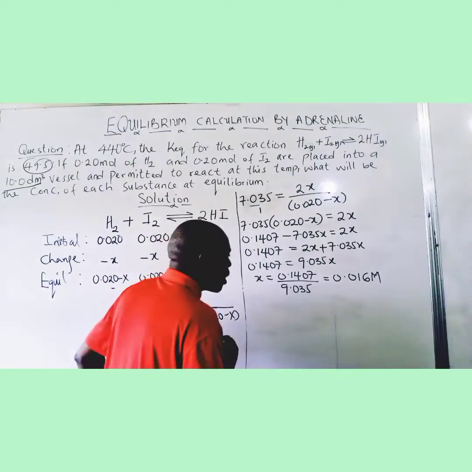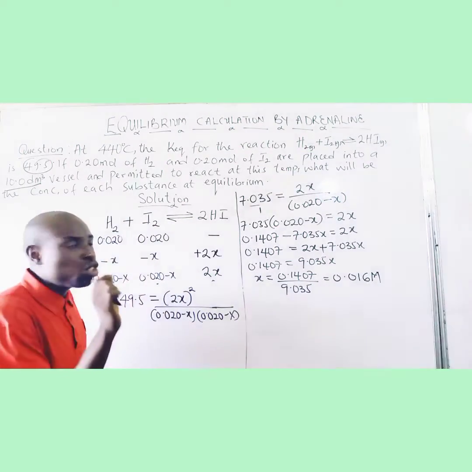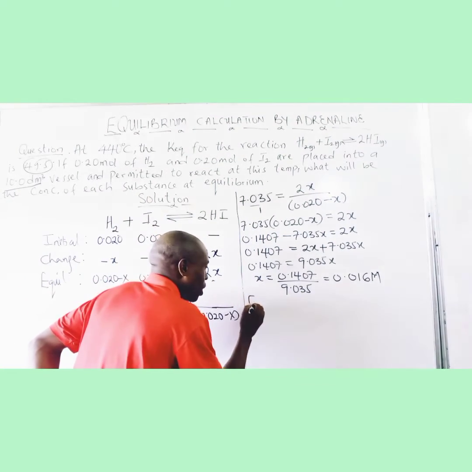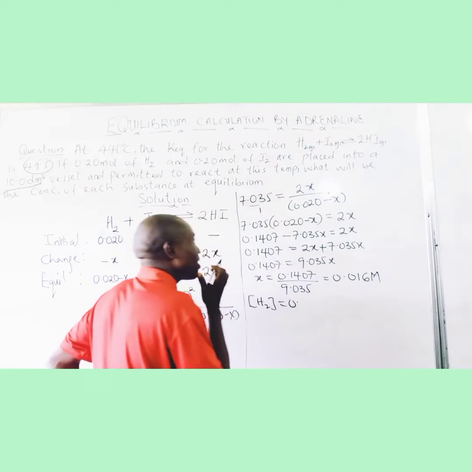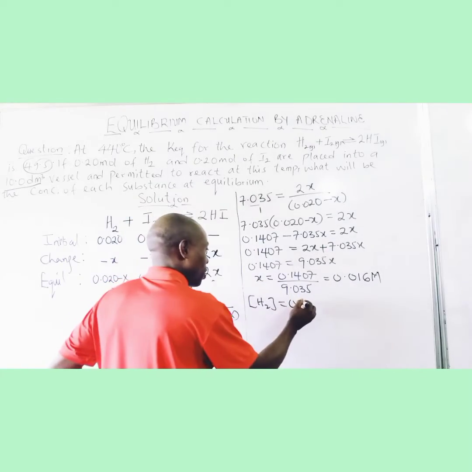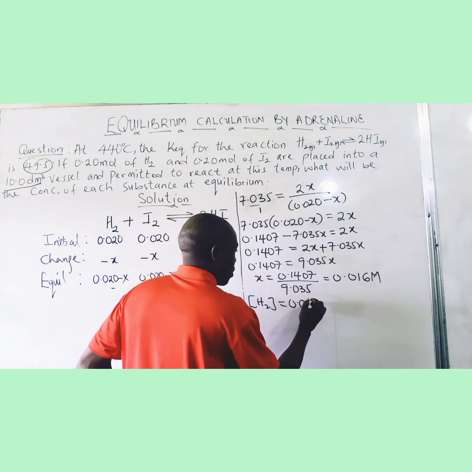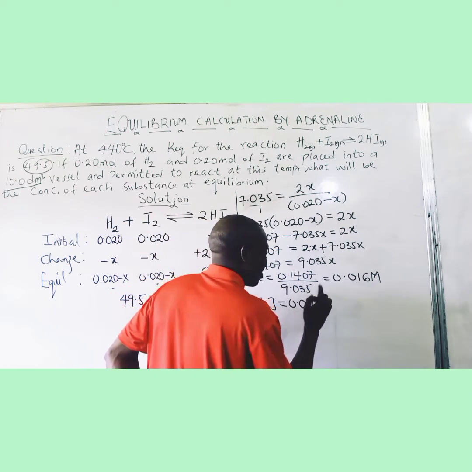So when I now come here to get the concentration of each substance at equilibrium, that of H2 is 0.02 minus x.